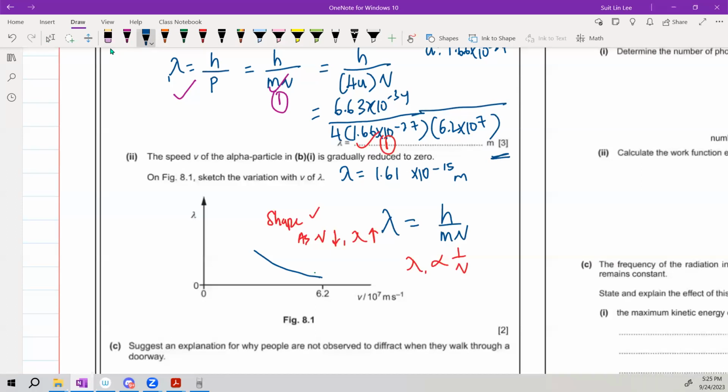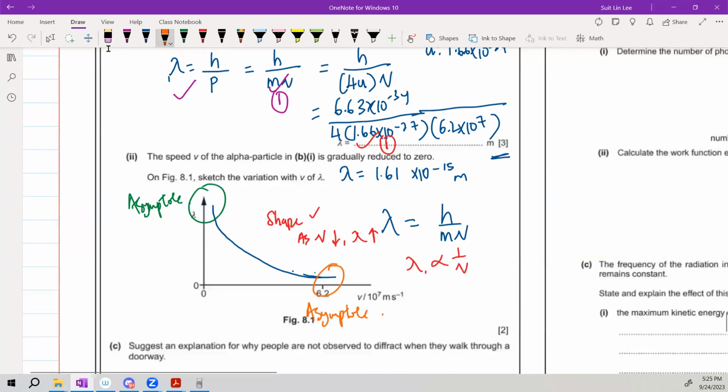A bit hard to draw on the tablet. Something like this. Meaning asymptote. Here is very small already. This side here also asymptote. I think that's the second one.